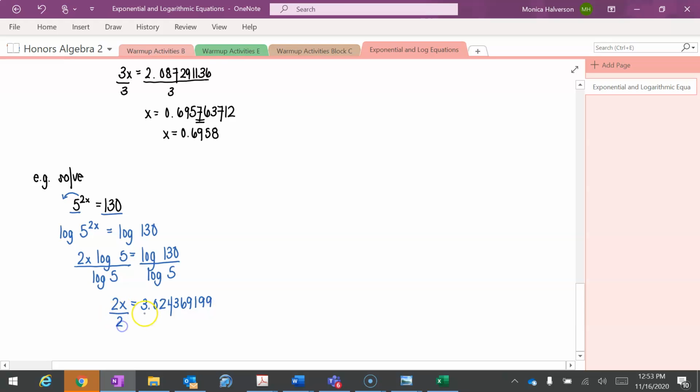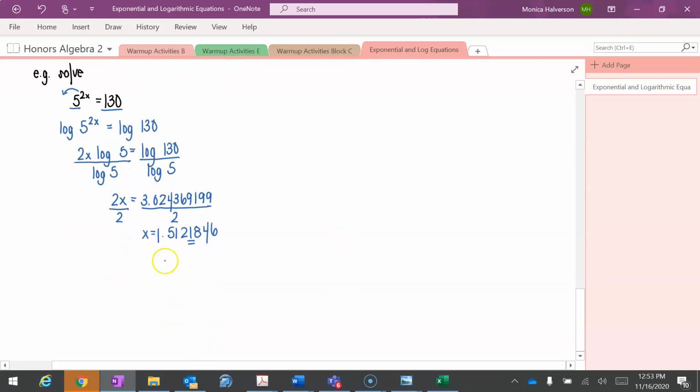And then we're going to divide it by 2. And we get x is equal to 1.5121846. We know we round to 4 decimal places with logarithms, and so it's 1.5122 as our final answer.